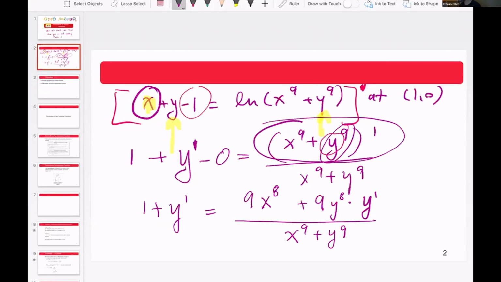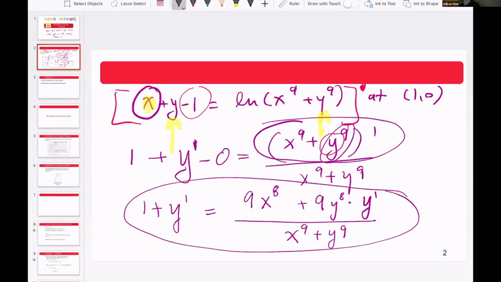All right, at this moment, I don't want to go further with this, but I hope this gives you an idea. So at this moment, what you're going to do is solve this equation for y prime. The rest is just algebra. And then once you are done with that, you're going to plug in 1 for x and 0 for y, and evaluate y prime based on those x and y values.